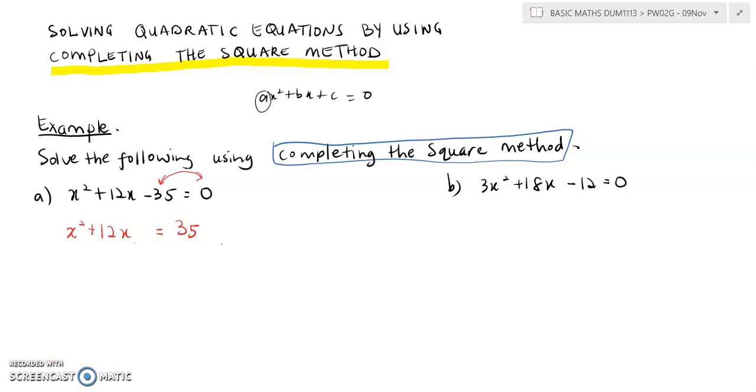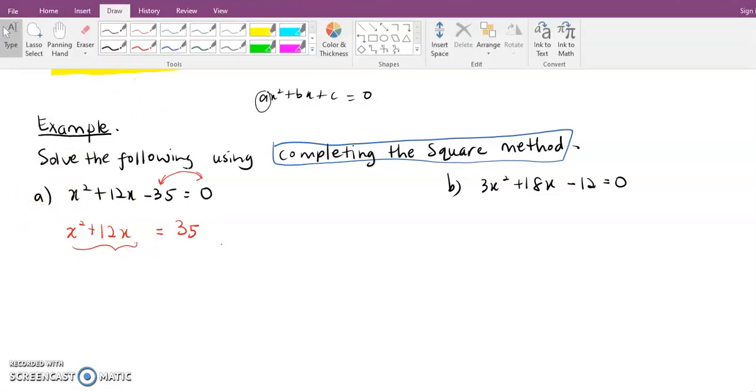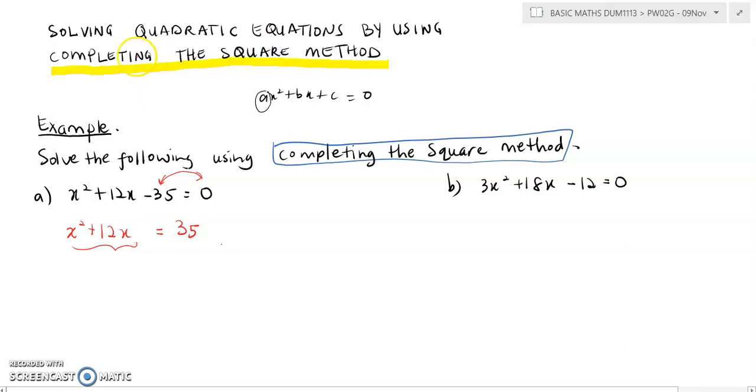The next step is to add one term on our left side to complete the square of this expression. Okay, so just copy back x squared plus 12x and then please leave some space here, equals 35.